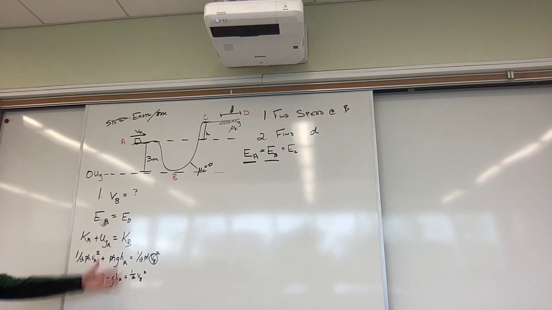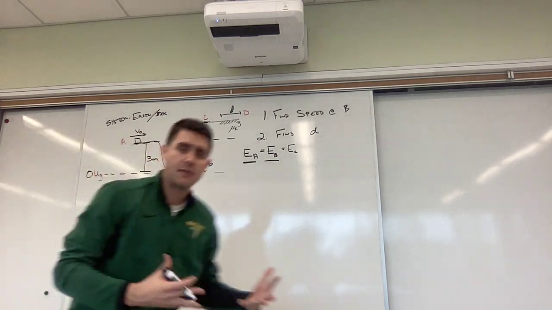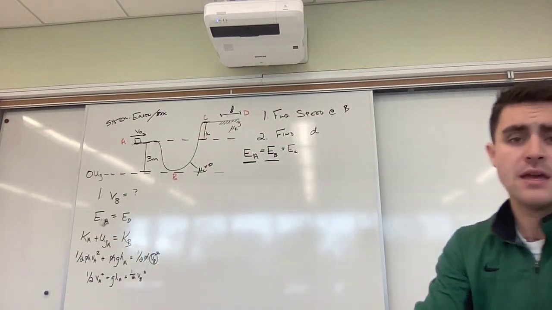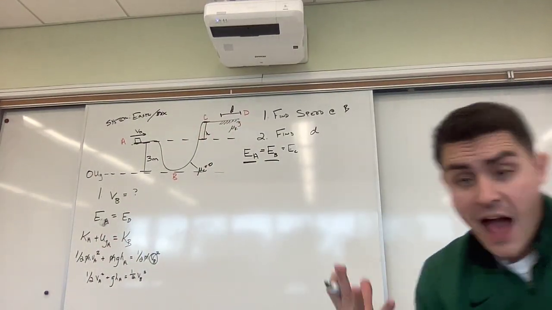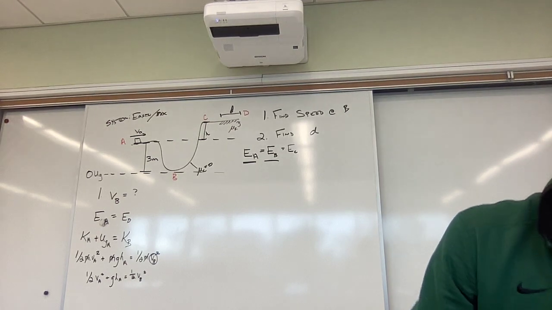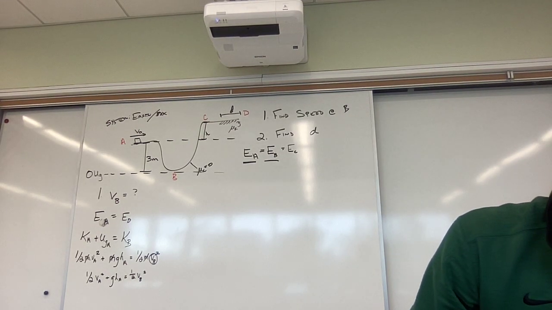I know the height of A is 3 meters. It's on my picture. I'm going to refer back to see if maybe my example problem in our packet gave me an initial speed. It should have. It must have. I sure hope it did.